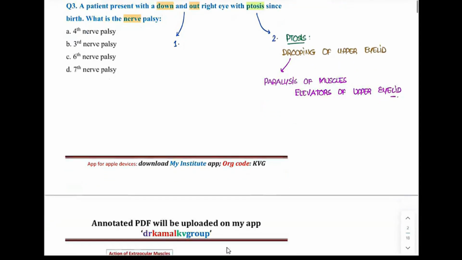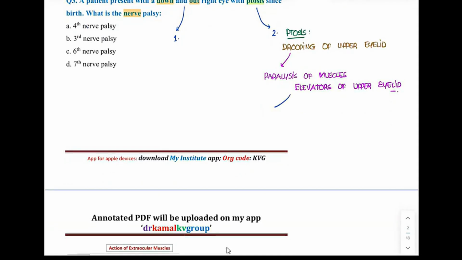Now, one should know the two important muscles which are elevators of upper eyelid. One is levator palpebrae superioris, and second is Muller's muscle. Okay, so levator palpebrae superioris and Muller's muscle.